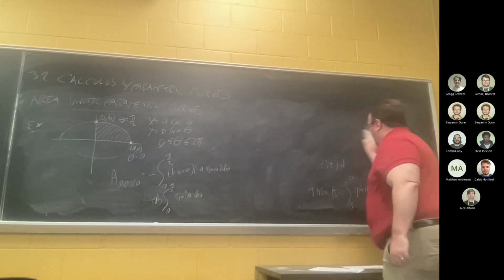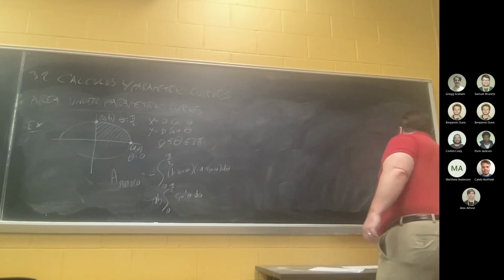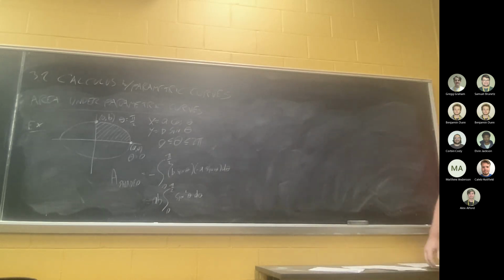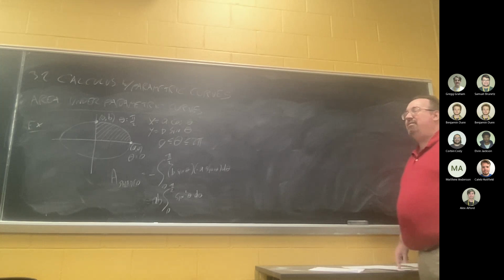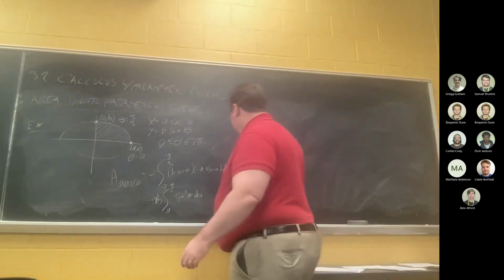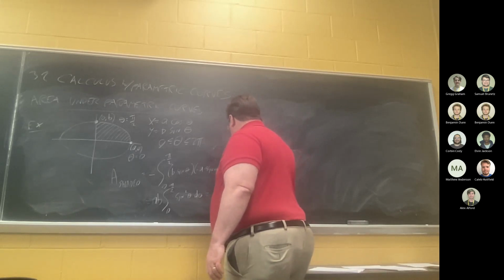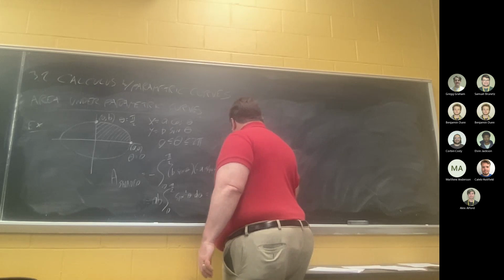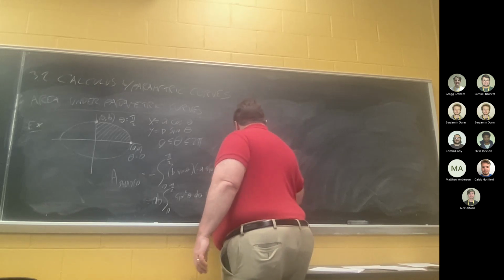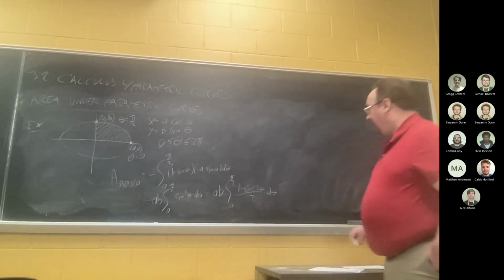We need to rewrite it. Somebody? Half angle formula. Okay. So sine squared theta is equal to 1 minus cosine 2 theta all over 2. And that is something that can be integrated.